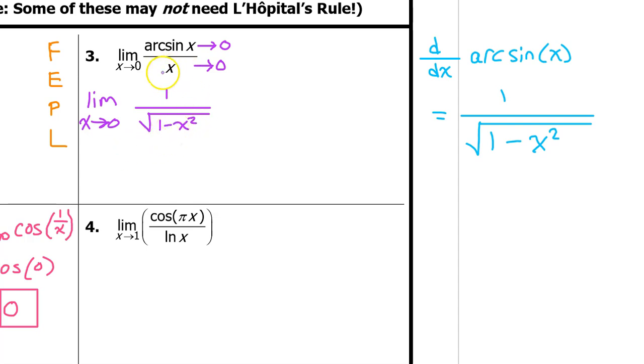Now I didn't leave myself a lot of space to take the derivative of the denominator because the derivative of x is just 1, which is something that we don't need to write. So the original limit is equivalent to this. So let's do direct substitution right now. Plugging in 0 for x, we have 1 over the square root of 1, which is 1.